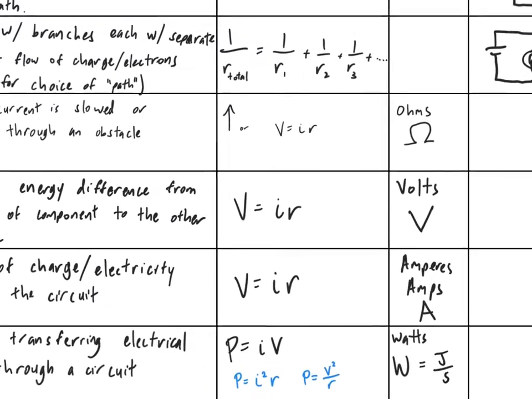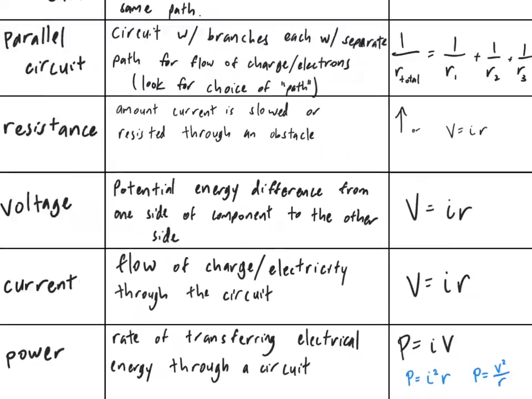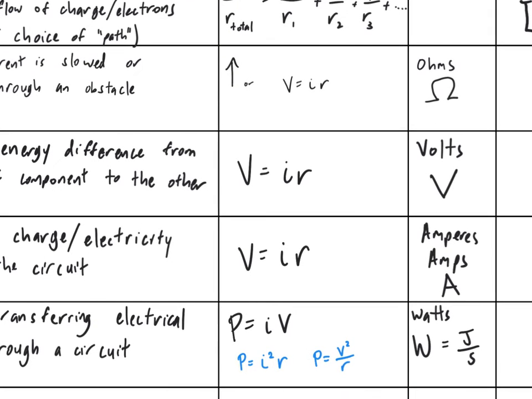Resistance is represented by the variable r, and we can use ohms, which we show with a funny-looking horseshoe, as the unit. That is the Greek letter omega, an upside-down horseshoe, and it stands for ohms.